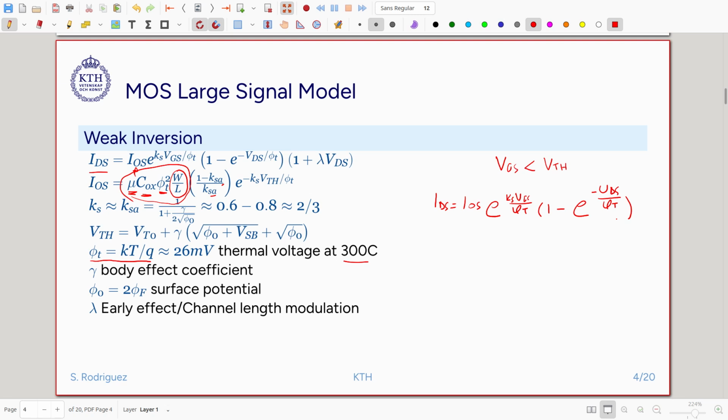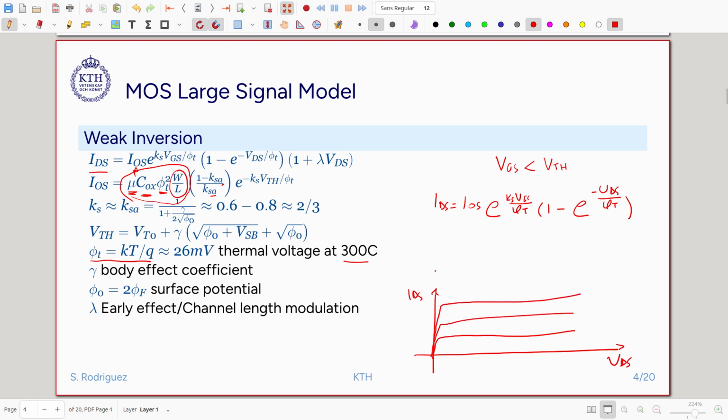Okay, so when we plot the curves for this transistor, VDS, IDS, they will have similar curves as they have in the strong inversion. It will look like this.